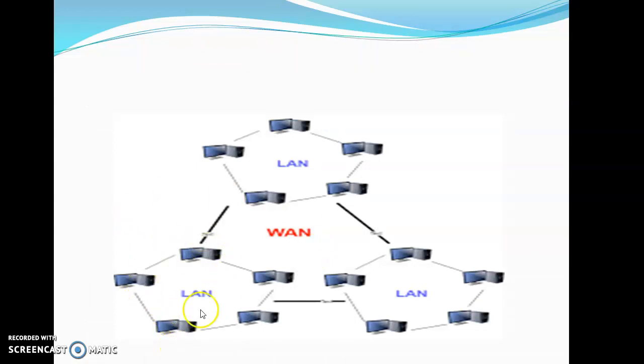This is how we normally form a wide area network. You have one local area network here, another local area network, and a third local area network. Now you combine these together. When they interconnect with each other and start sharing data and resources, what you get overall is a wide area network.